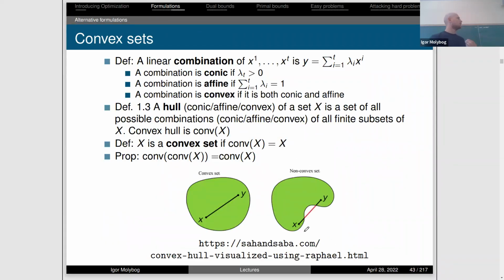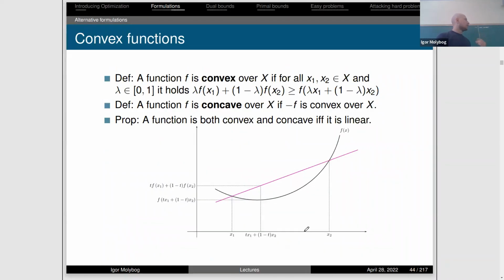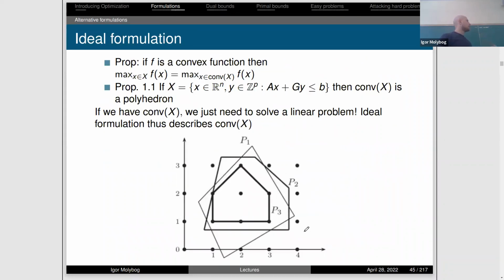And then we have introduced some notions about which formulations we consider to be good or bad, or which formulations we consider to be better than others. And we have figured out that the best formulation we can ever achieve is a formulation that exactly coincides with the convex hull of the set X. And therefore we call one formulation better than the other if they are nested into one another.